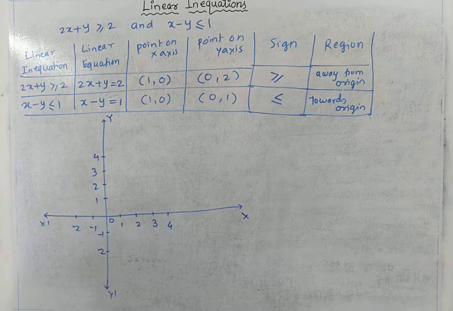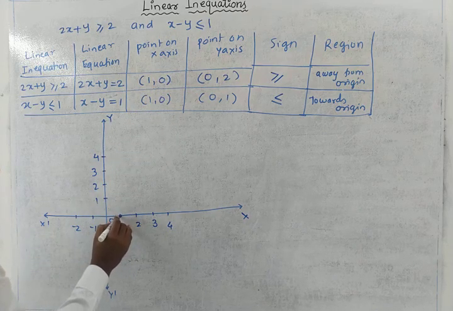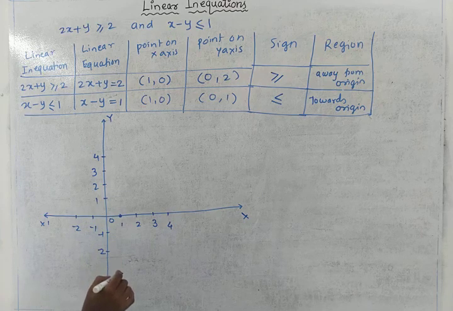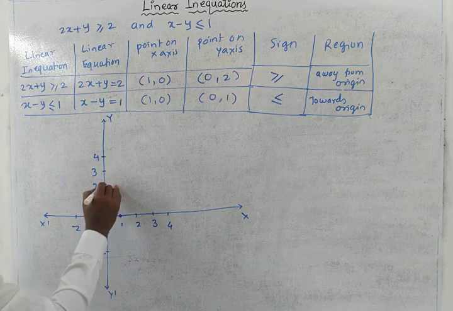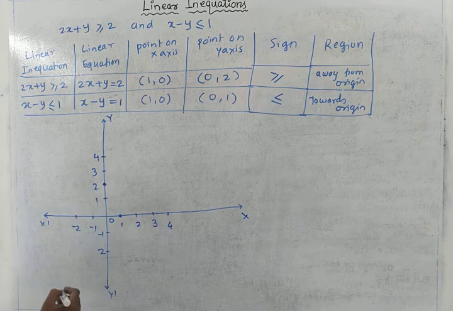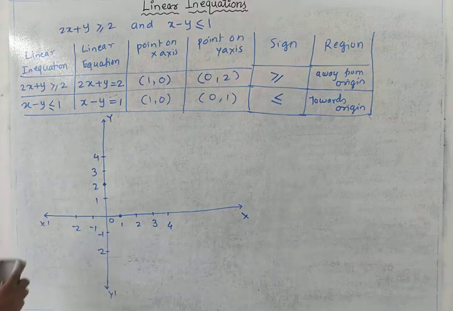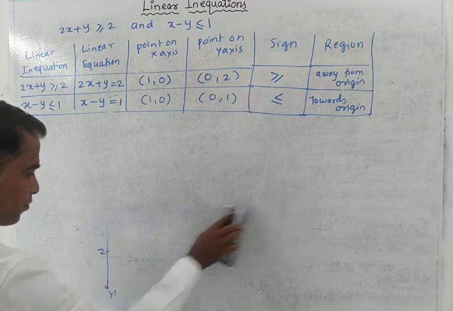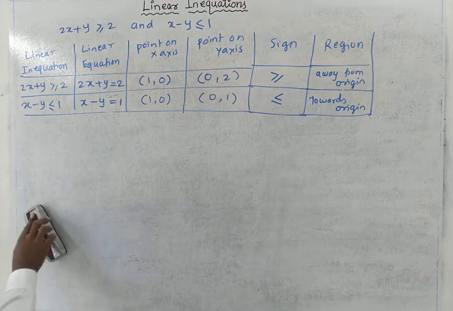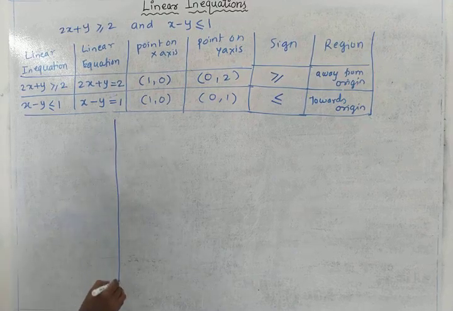Okay. Now for first line the points are 1, 0. That is 1, 0. And 0, 2. This is the point 0, 2. This is the y-axis.